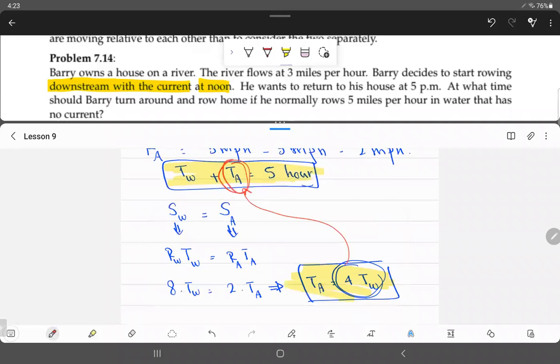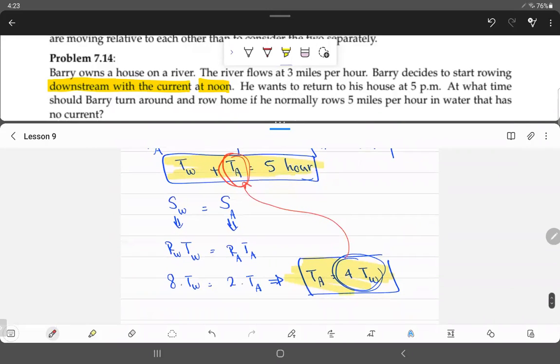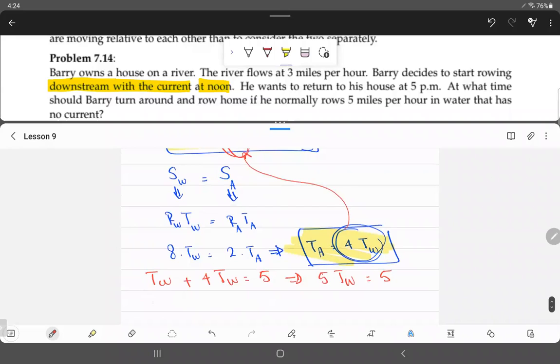What do we get? TW plus 4TW equals 5 hours. 5TW equals 5 hours. So the time when he goes with the stream is equal to 1 hour. And the time when he goes against the stream, when he goes back to his home, is 4 hours.